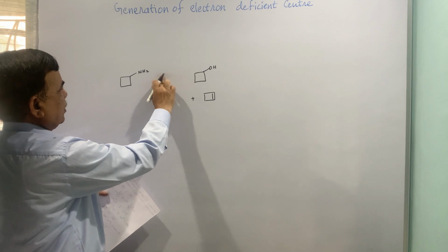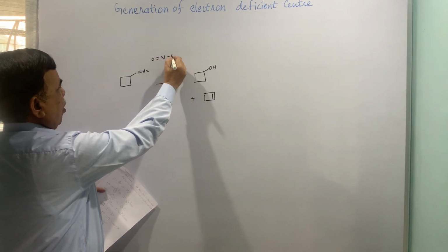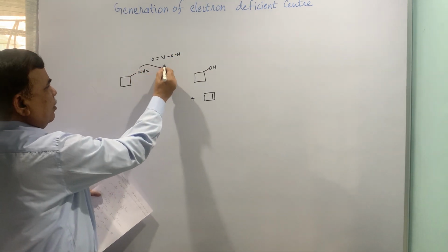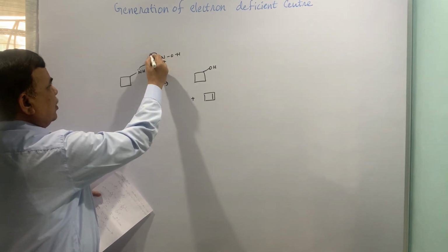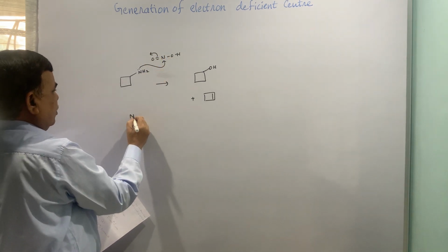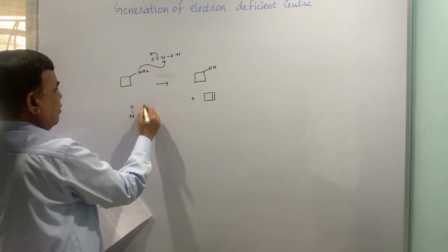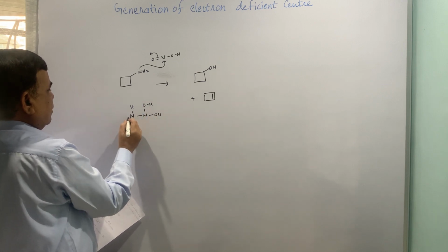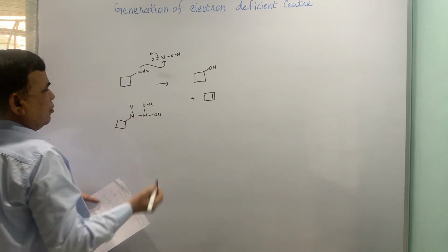Now for that purpose you have to put the correct structure of nitrous acid. This is nitrous acid. Now you can show the attack of nitrogen here, then you can show the OH. So this will be NH, N, OH, OH, and here your 4-membered ring would be there. I am just drawing it quickly.